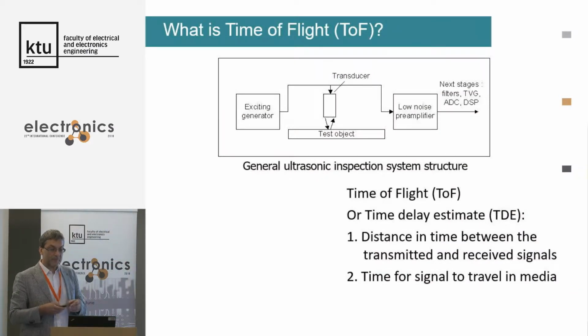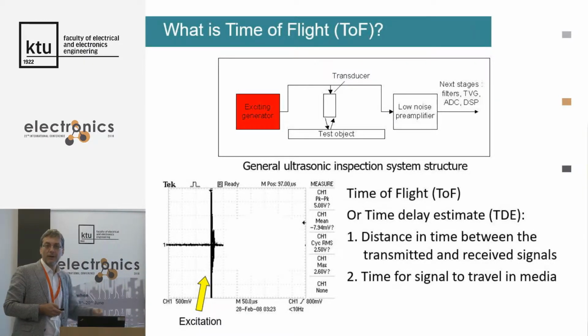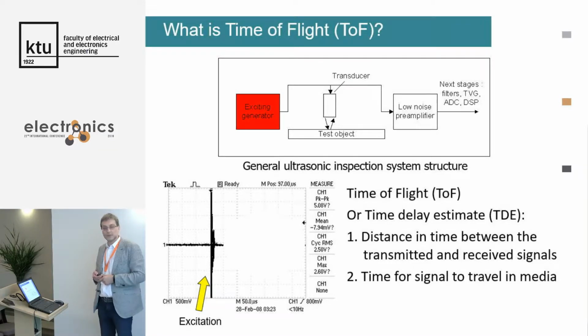And when it comes to time of flight, maybe for those who are from different fields, what is time of flight? Ultrasonic imaging or measurement usually is done in such a way that you have the excitation, and usually the ultrasonic transducer impedance is high, so the excitation voltage is high.